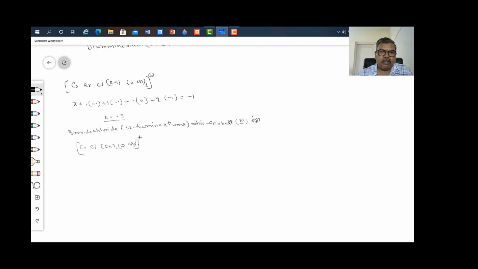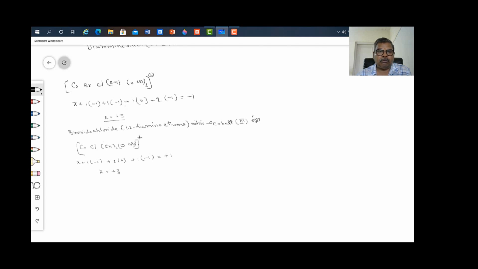Now write down the name. What is the oxidation state of cobalt? x plus 1 into -1 plus 2 into 0, ethylene diamine a neutral ligand, and 1 nitrito ligand is there carrying -1 charge. It is equal to +1. So therefore x equals +3.